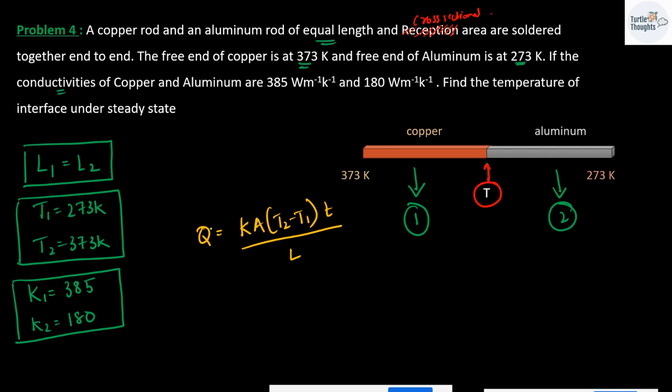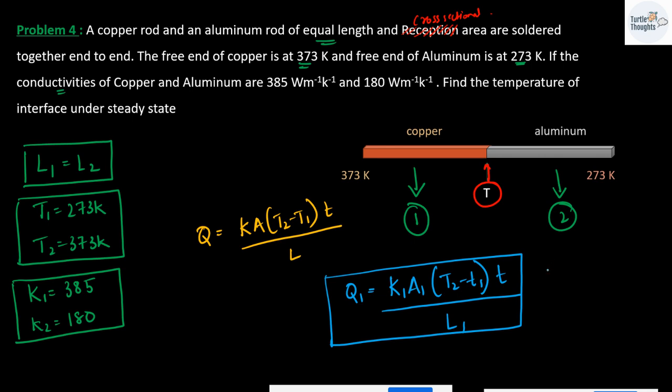Substituting or taking the value of Q1 and Q2, I will be getting the value of Q1 as K1 A1 multiplied by T2 minus T1 multiplied by t divided by L1.